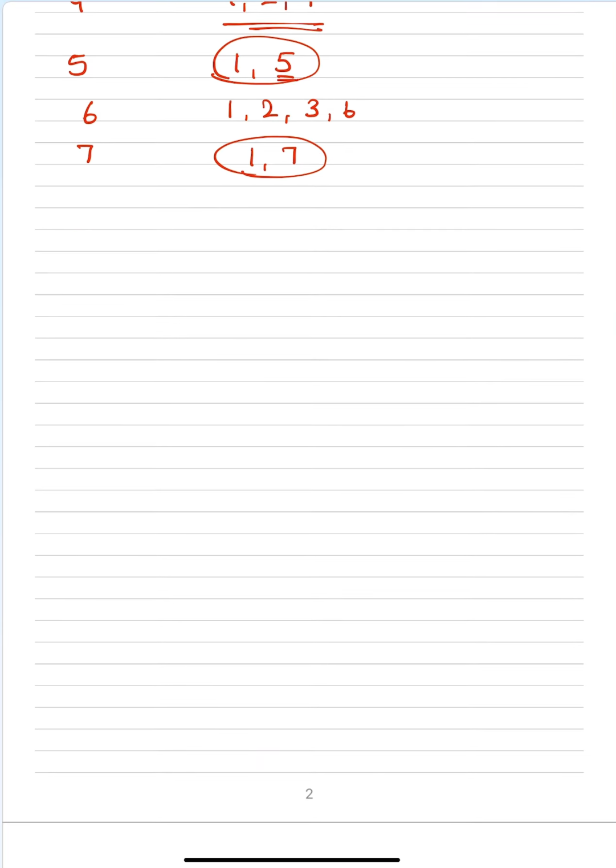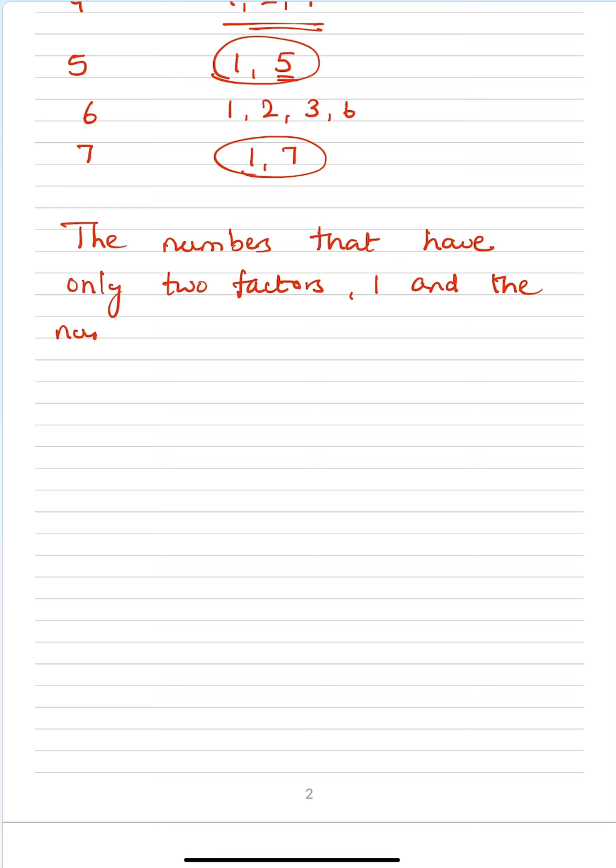So these numbers are known as prime numbers, that is, the numbers that have only two factors, that is 1 and the number itself, are called prime numbers.